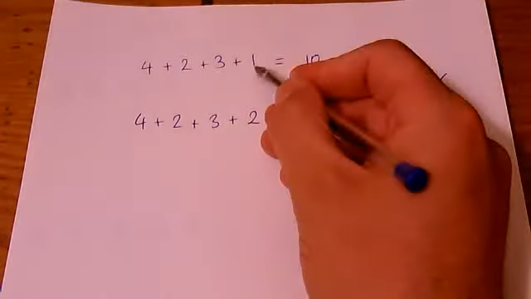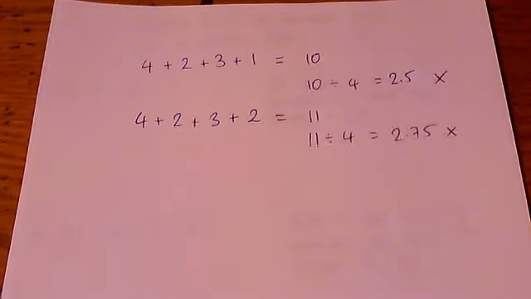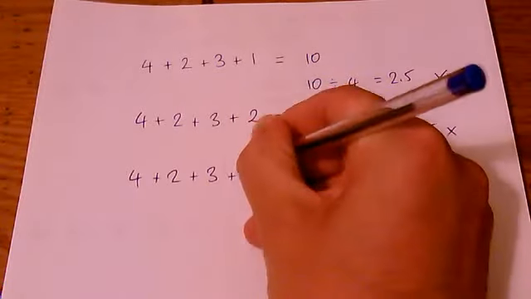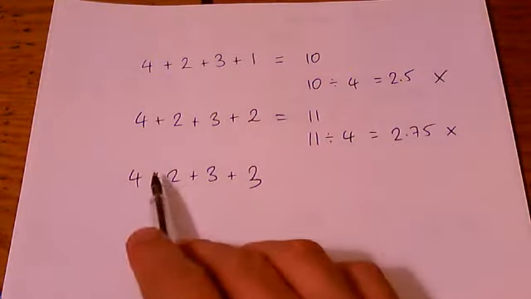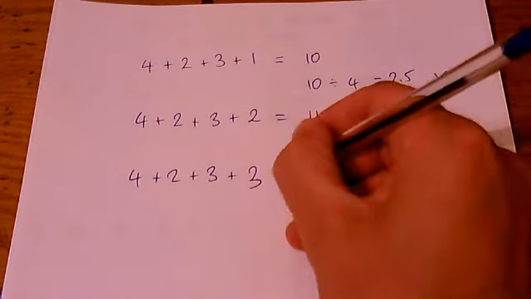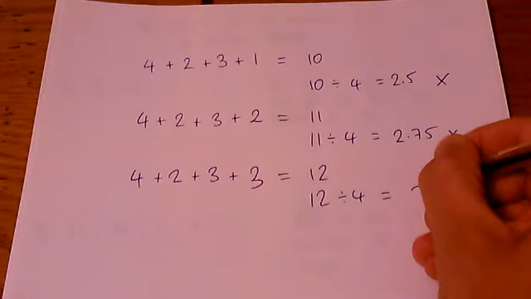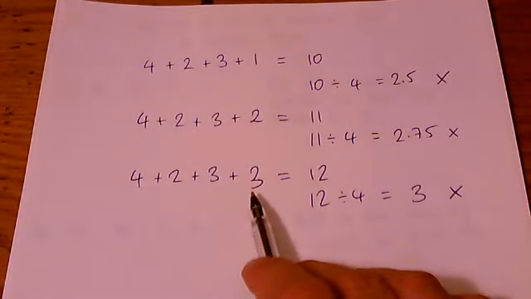So 1 didn't work and 2 didn't work. Let's try 3. So we've got 4 plus 2 is 6, plus another 6 there is 12, and 12 divided by 4 gives us a mean of 3. So clearly that was also the wrong choice.